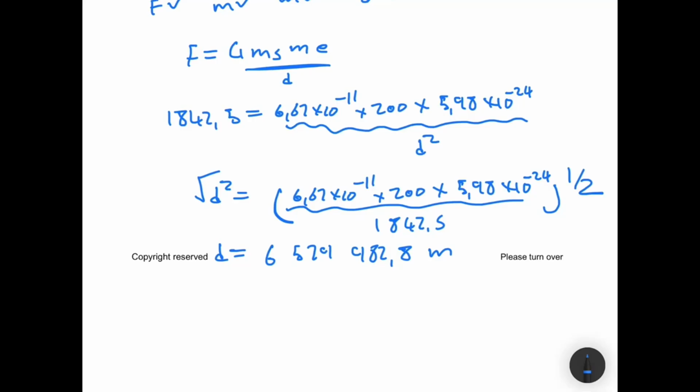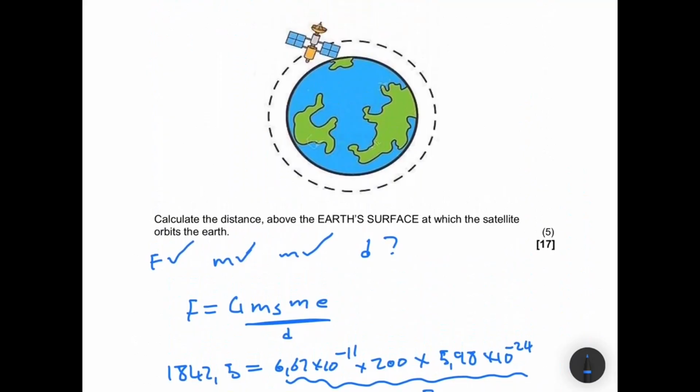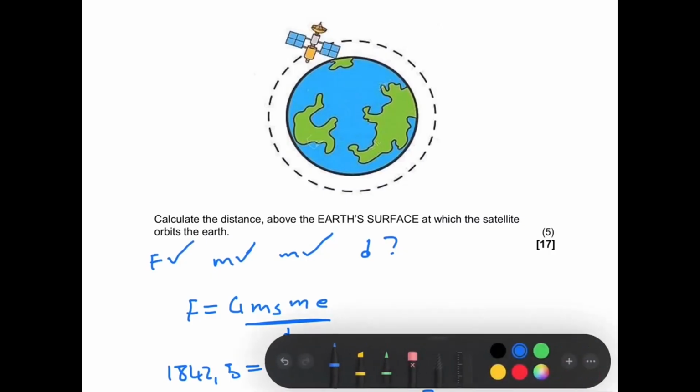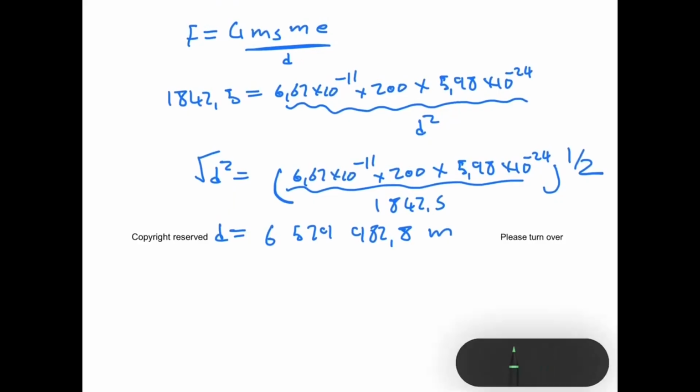But we don't want the distance between the Earth and the satellite. We want the distance above the Earth's surface at which the satellite orbits. Even in the question it's in bold: the distance above the Earth's surface. So that distance equals the distance we just calculated minus the radius of the Earth.